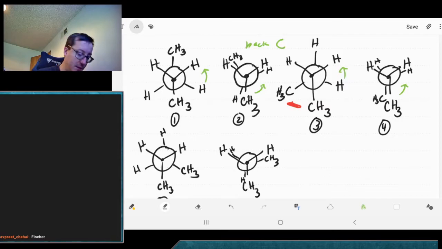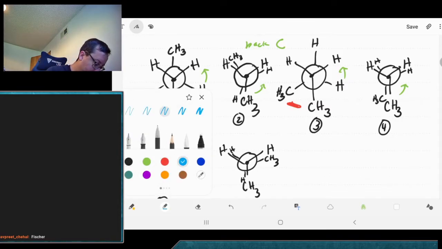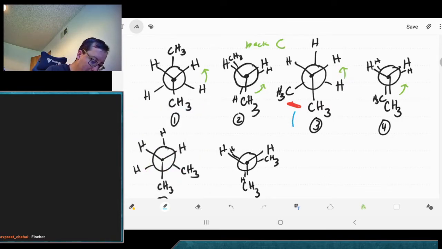We have a special name for this. We call this one gauche. And I don't know how to spell it. This is a gauche interaction. In French, gauche means left, as in left hand, right hand.